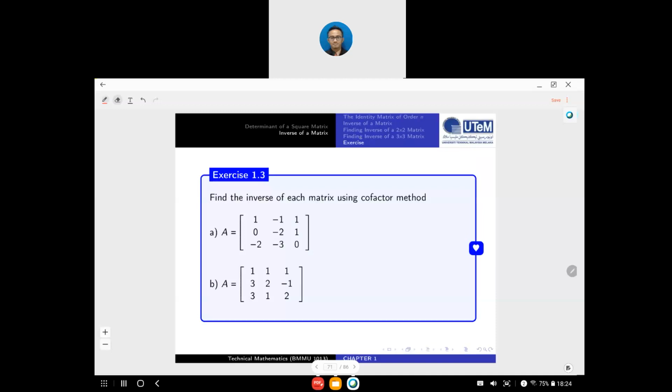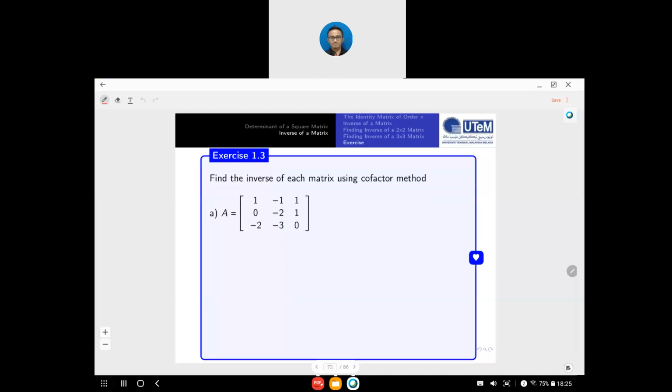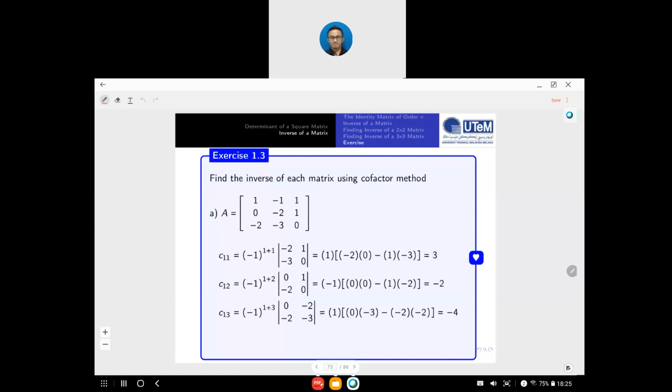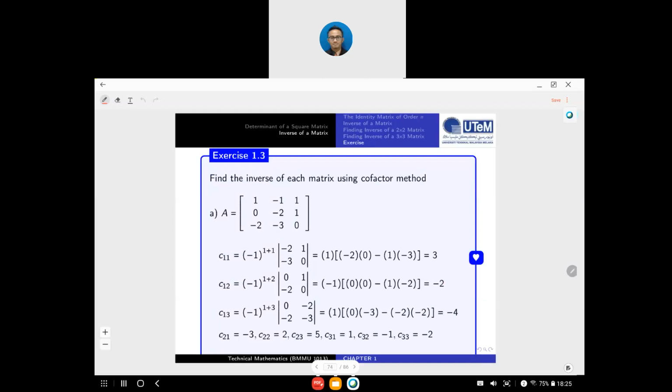Okay. Look at exercise question 1. Exercise question A. Okay. You have this matrix. First, you need to find the 9 cofactors. First row, you can get 3, minus 2, minus 4. For the second row, you can get negative 3, 2, 5. Then 1, negative 1, negative 2.